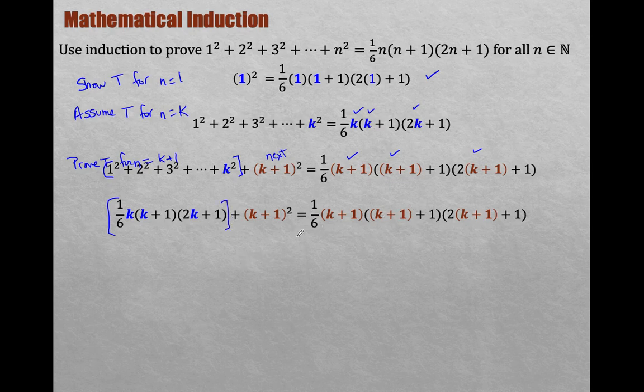And then I'm going to clean this up. 2k plus 2 plus 1 is 2k plus 3.